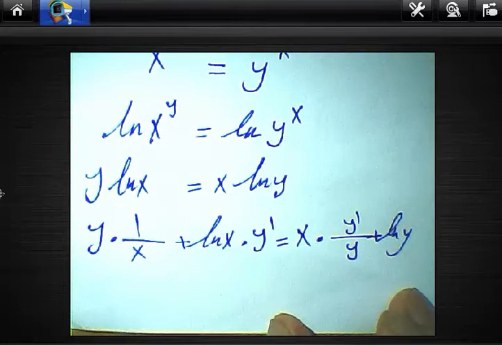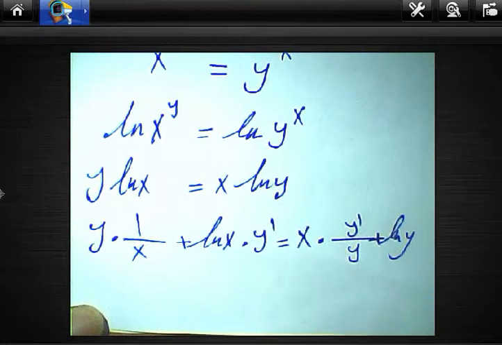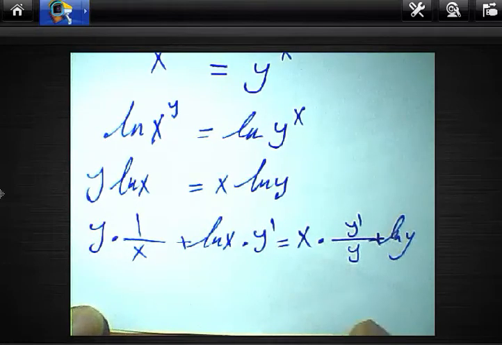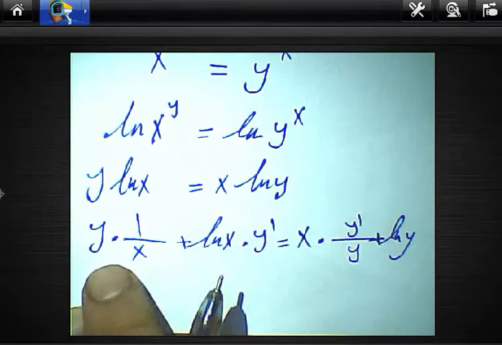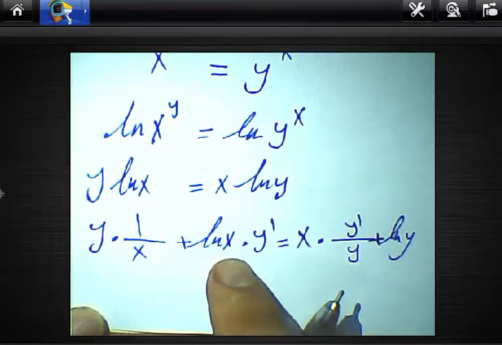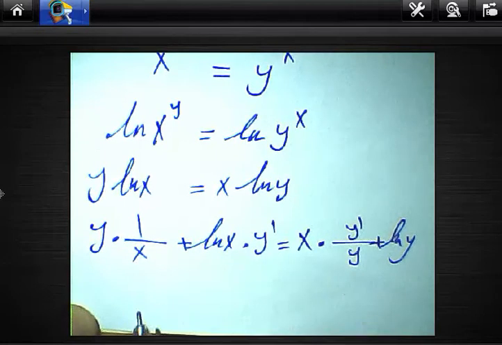So we can complete it here by multiplication by xy to cancel x and y in the denominators from the left hand side and right hand side. We can multiply by what? By x and y. Or you can move this term from the left hand side to the right hand side and this term from the right hand side to the left hand side to simplify it. Okay, understood?